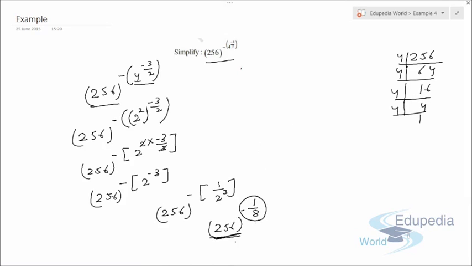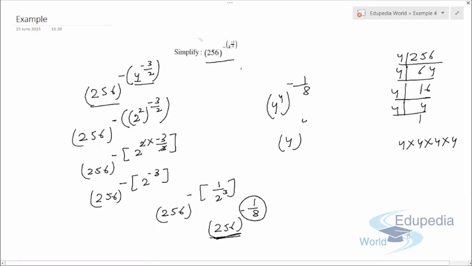Now clearly 256 can be written as 4 into 4 into 4 into 4. So this will become 4 raised to power 4, raised to power minus 1 by 8. So this will become 4 raised to power 4 into minus 1 by 8. So it will become 4 1s are, 4 2s are, so it will become 4 raised to power minus 1 by 2.